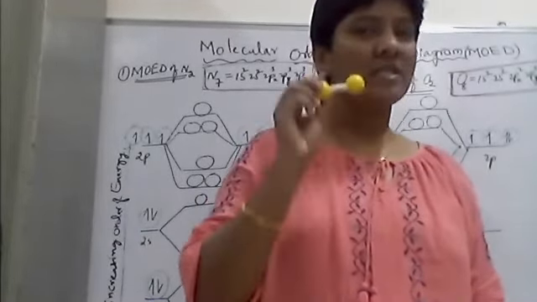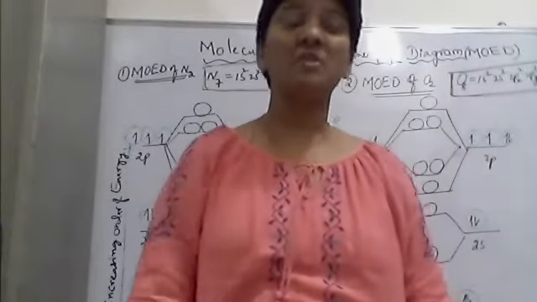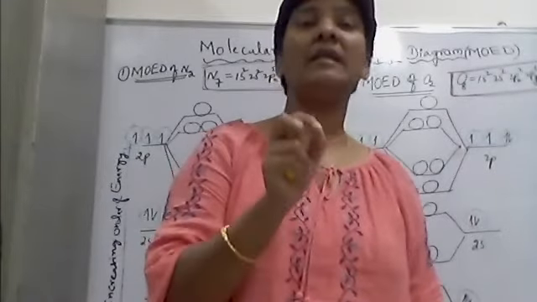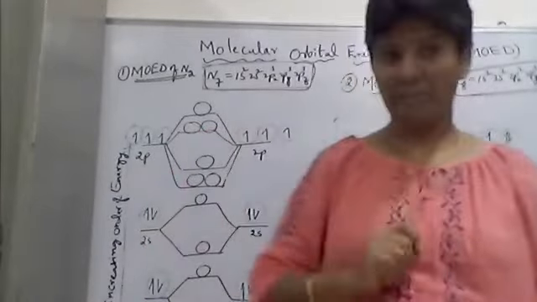So one thing, molecular orbital theory was developed to explain the magnetic nature of covalent molecules. The second thing, it is helpful in calculating the bond order, that is, the covalent bond order.